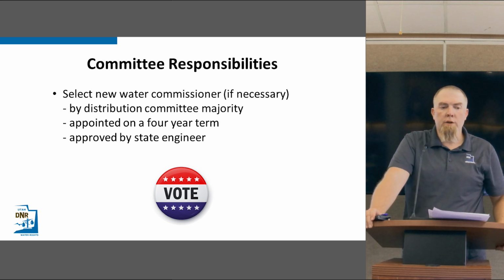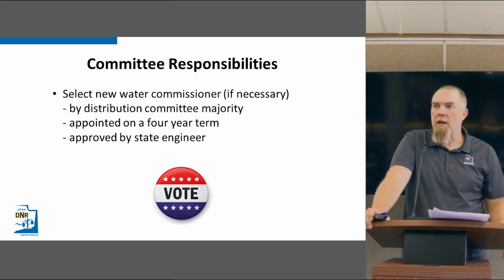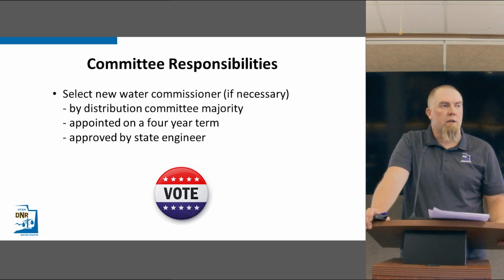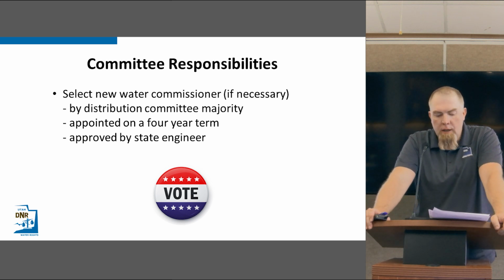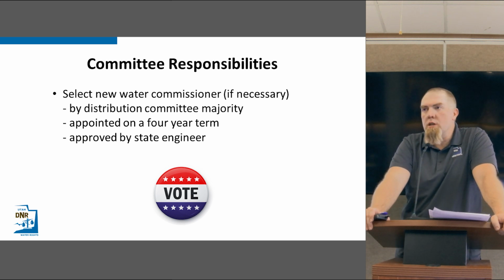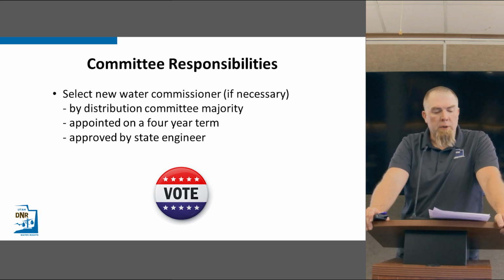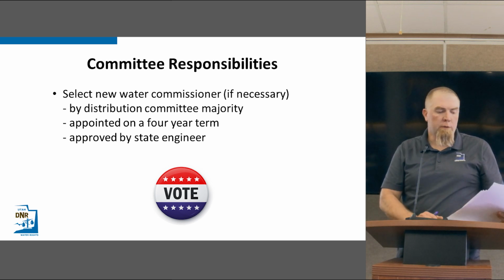So every 4 years, the committee can look at that and see if they want to more or less re-up that, or do a new contract with them for another 4 years. And then the state engineer is the one that actually approves the hire of the water commissioner. So it's a recommendation from the committee, but the state engineer approves that appointment.